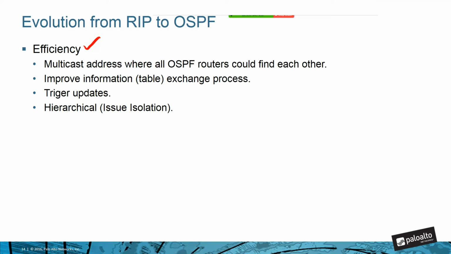We wanted to make sure that instead of sending broadcast messages to introduce a router to another one, we use a multicast IP address, and I'll describe what that looks like logically. We're going to use a well-known multicast IP address, and every single device that does OSPF will subscribe itself to that multicast IP address and exchange information there.